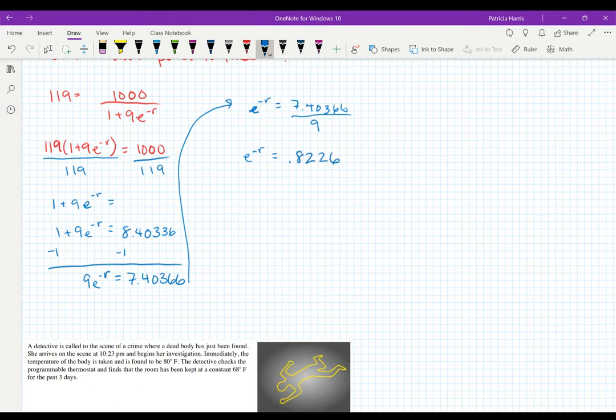Now since we have an exponential equation with a base e, we probably want to use the natural log to simplify. So we're going to take the natural log of both sides and see what that gets us. These will cancel, so we have negative r is equal to the natural log of that. Let's see what that is.